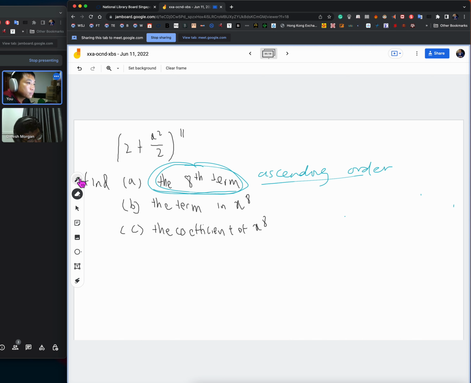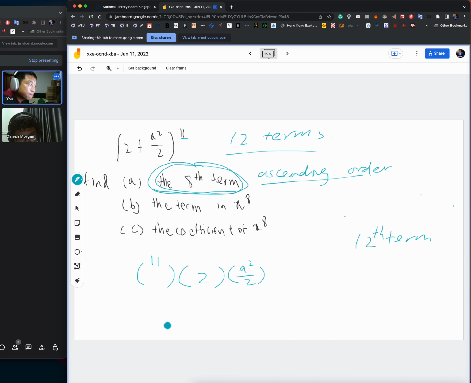So, how many terms do you have? 12, right? Because power 11 gives 12 terms. In ascending order, let's start with these brackets, the three brackets. The eighth term is basically, let me fill up with the standard one first.